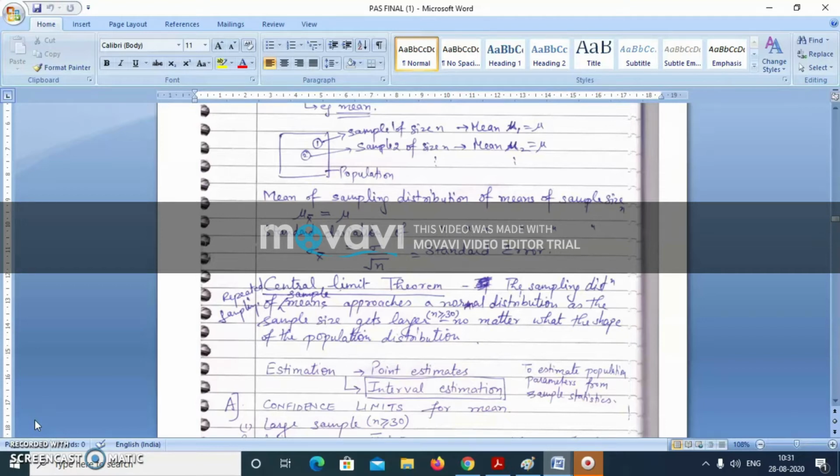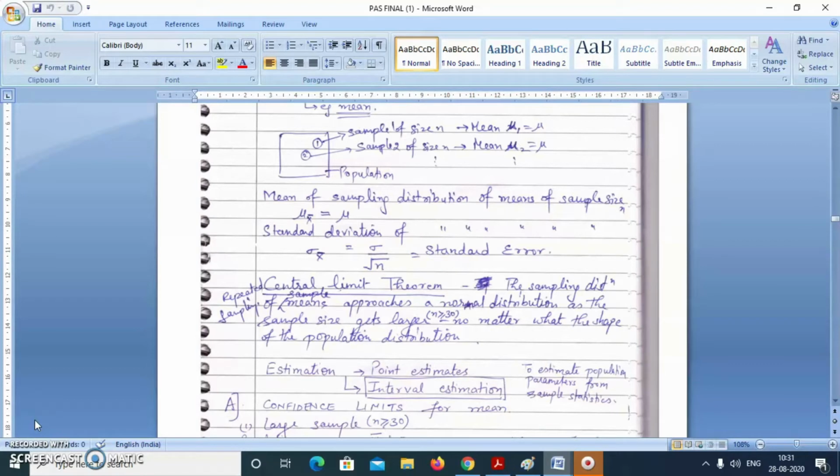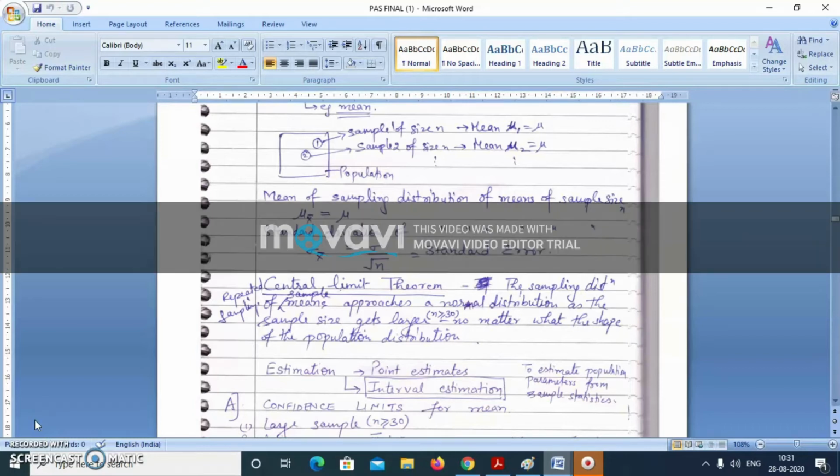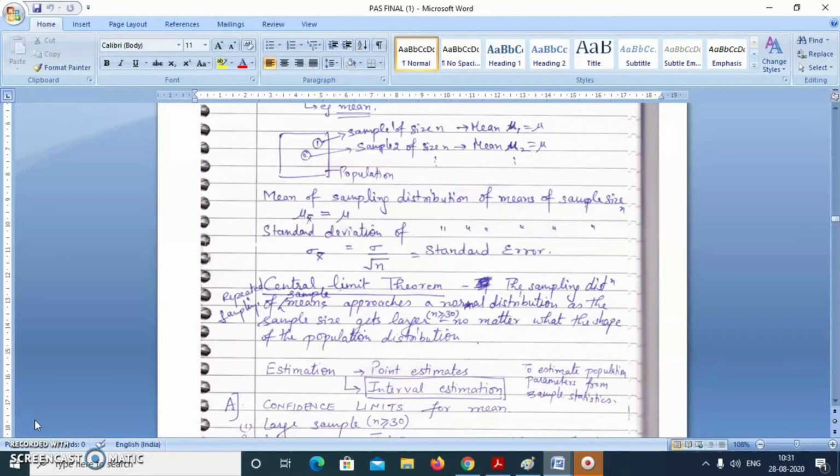Basically, what I am saying is we have to find the interval. Interval means we'll give a range of numbers, that from 8 to 10, between given two numbers, the mean of the population will lie. Now we'll try to understand how we will calculate this interval for different categories.